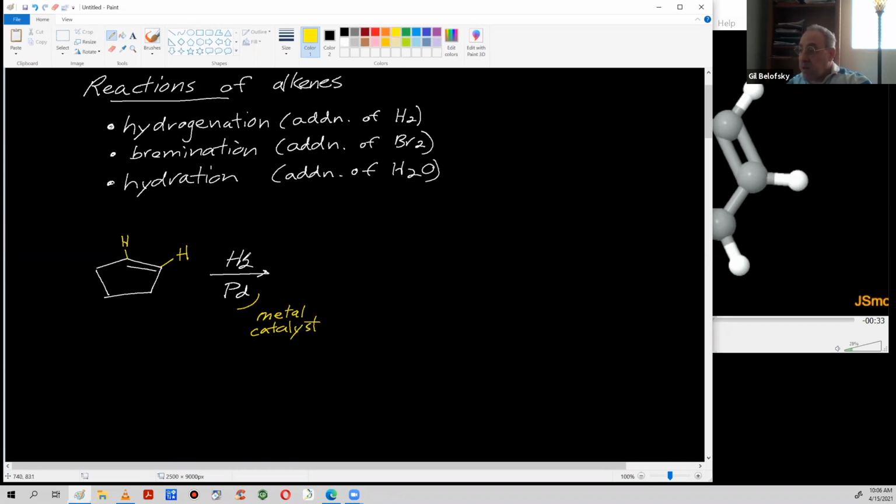Then if we're adding a hydrogen additionally to each of these carbons, the double bond goes away, and then we add two more hydrogens, so we end up with a fully saturated cyclopentane. We added H2 across the double bond, which is no longer there.